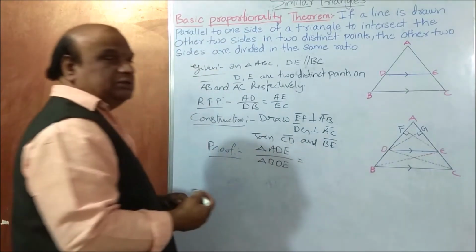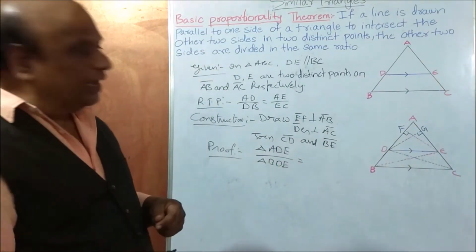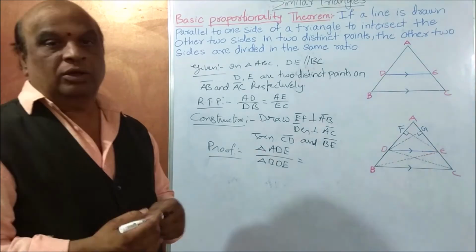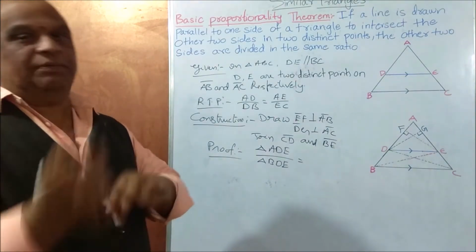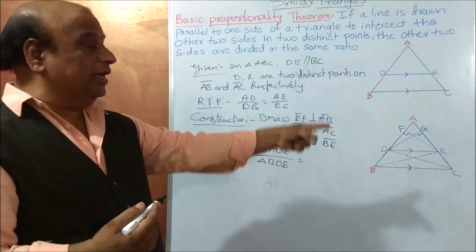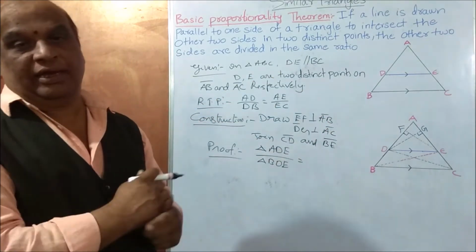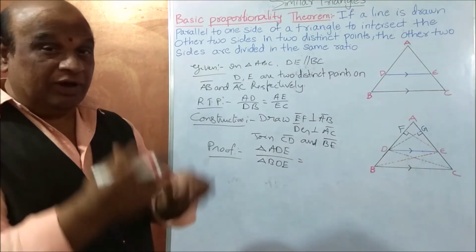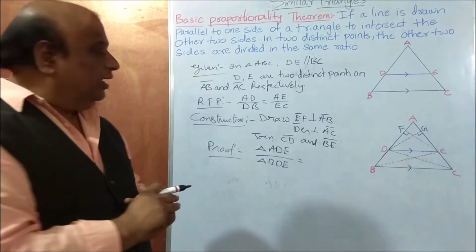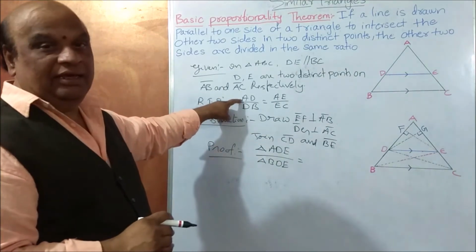Remember this, my dear students. ADE triangle. Which one do you have to take as a base? We can take any side as the base. AD we can take, DE we can take, AE also we can take as a base. But which one do we need? That is important again. We require the AD side here.